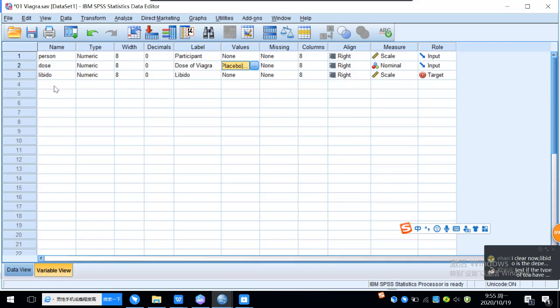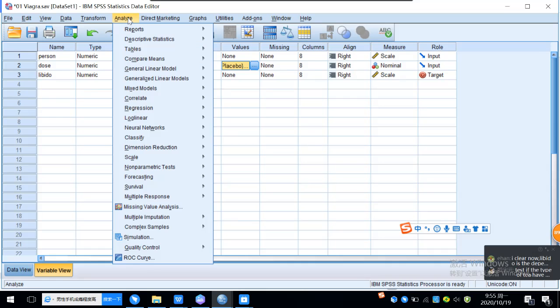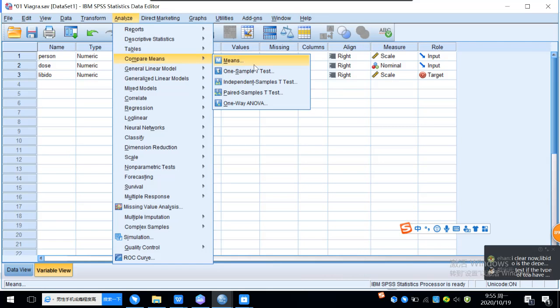Please test if the dose of Viagra has effect on libido, and also here we have 3 levels. In this case, we will use Analyze, Compare Means, One-Way ANOVA. I told you we will use one-way ANOVA here, right?